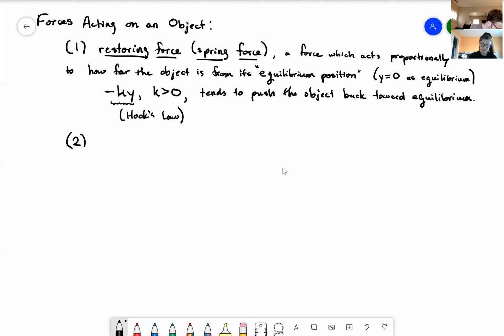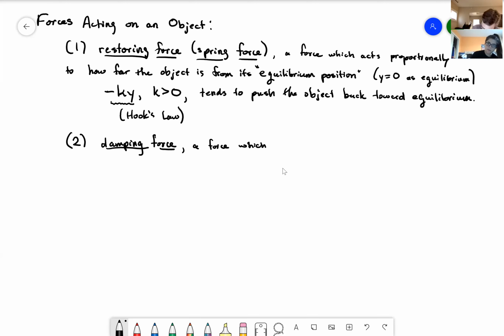Okay, the second one is called the damping force. I should have written somewhere in that description of the restoring force that it's a force that acts in the opposite direction.